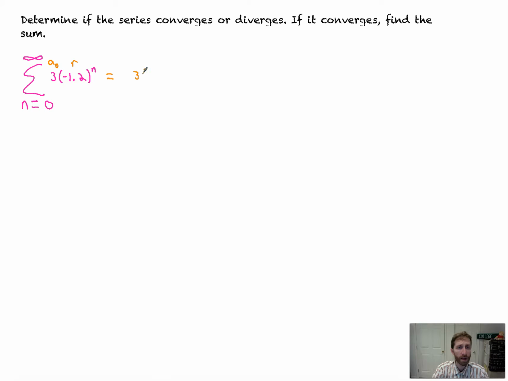That's 3 times negative 1.2 to the 0, which is 3. Then we're going to get plus 3 times negative 1.2 to the 1, plus 3 times negative 1.2 to the 2, plus 3 times negative 1.2 to the 3, plus dot, dot, dot, plus 3 times negative 1.2 to the n, and then it keeps on going.